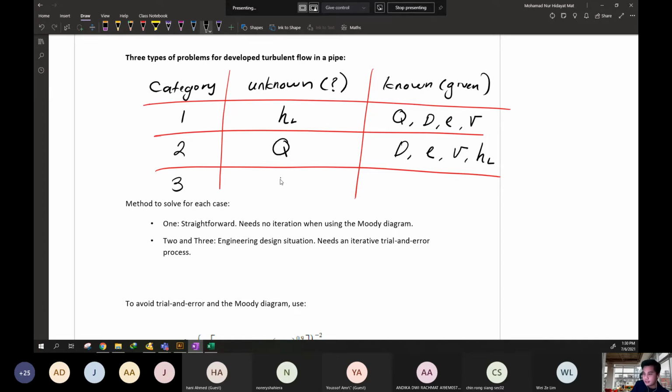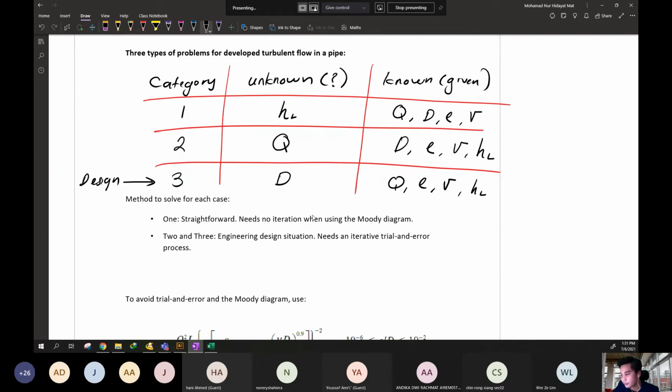Normally, category 3 is the hardest, because this is more on the design. You need to propose what's the best diameter. In order to get D, you must know Q, you must know E, the velocity and the head loss. The easiest is category number 1.